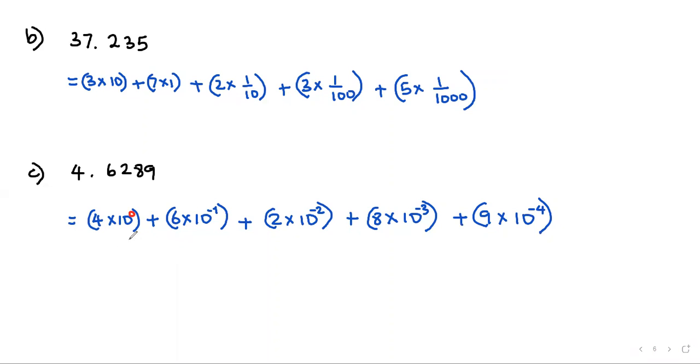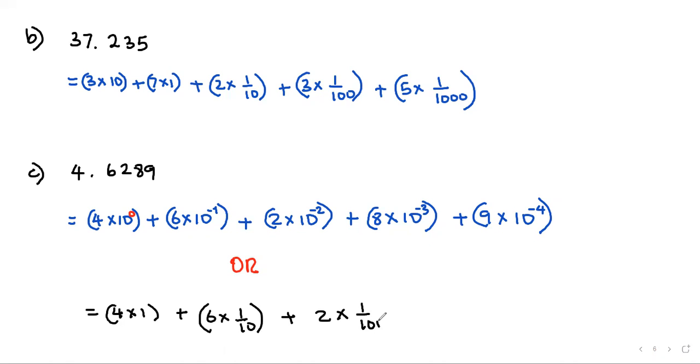If you don't want to write what I've written now, you can say, okay, me, I don't like powers. You simply say, okay, this is 4 times 1 plus 6 times 1 out of 10 plus 2 times 1 out of 100 plus 8 times 1 out of 1,000 plus 9 times 1 out of 10,000.